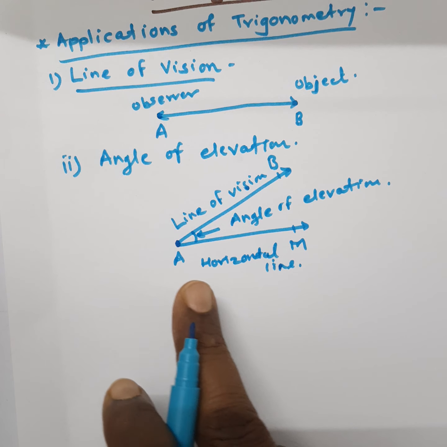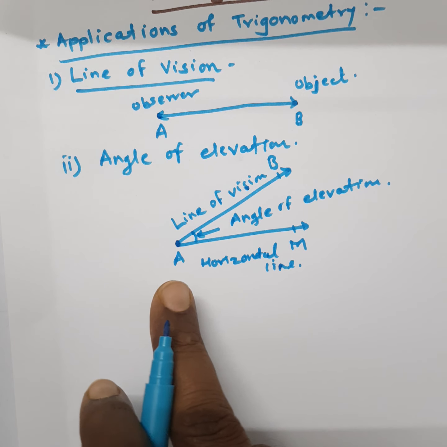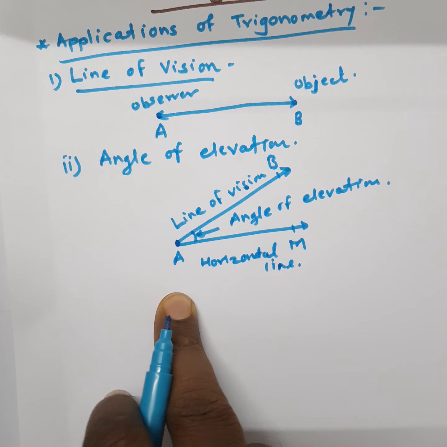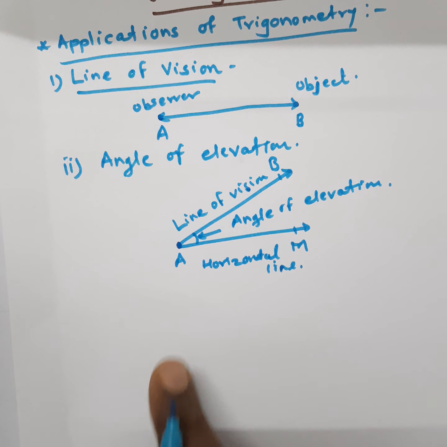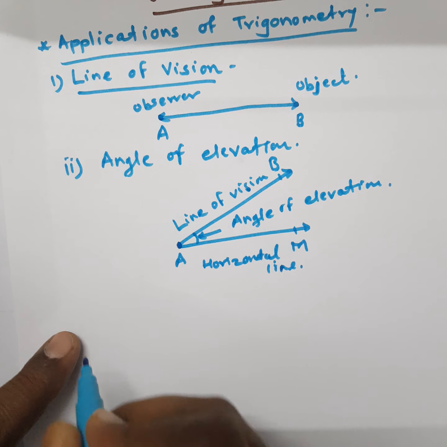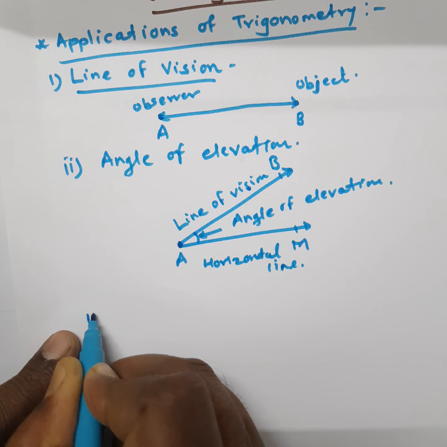It is the angle made by the line of vision with the horizontal line while observing an object at a higher level than the ground.